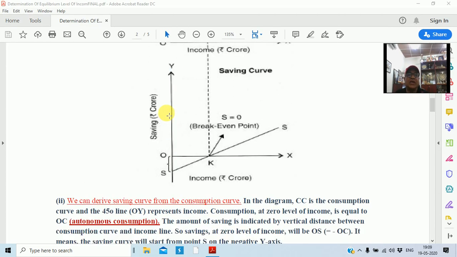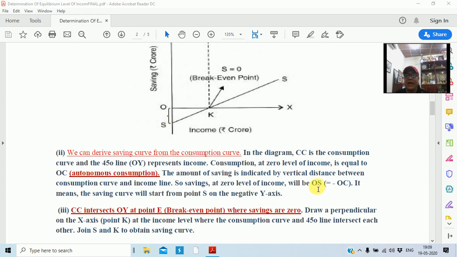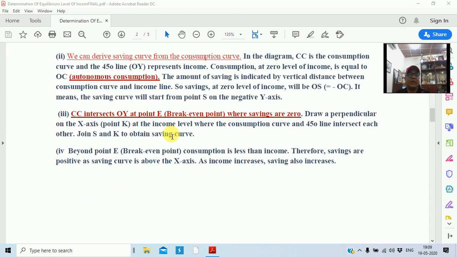OC is equal to OS, or you can say minus OC. It means that the saving curve will start from the point S on the negative y-axis. Why is it starting at point S on the negative y-axis? Because where the autonomous consumption is, the savings are negative.